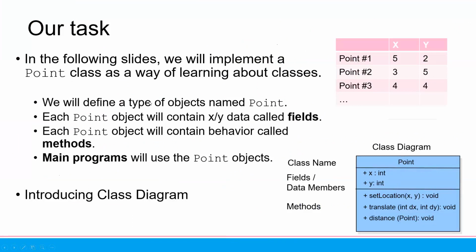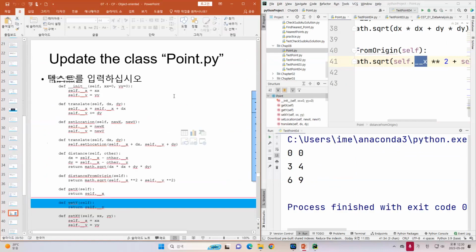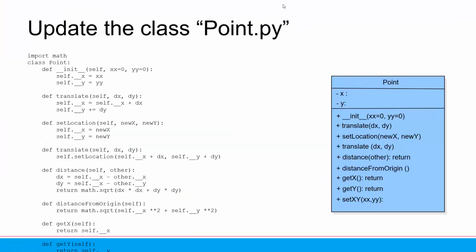But if it is minus, we have the agreement that if it is minus, then it is private. So it is not available for public. But for the other functions, we put it plus because you can access from the client.